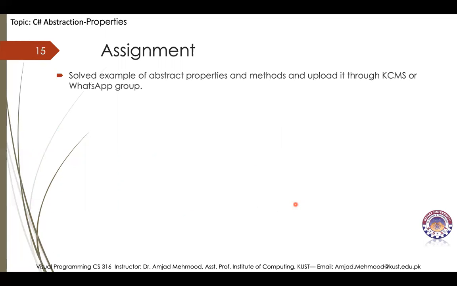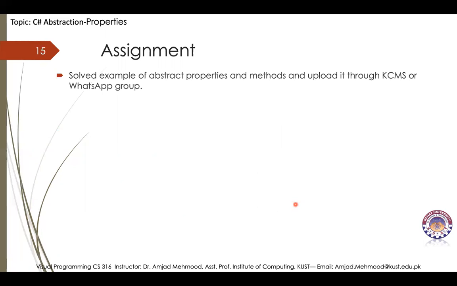Now as we have completed our polymorphism topic, your assignment would be that you make an example, or you make a class in which you have properties, keep some properties abstract and keep some methods abstract.